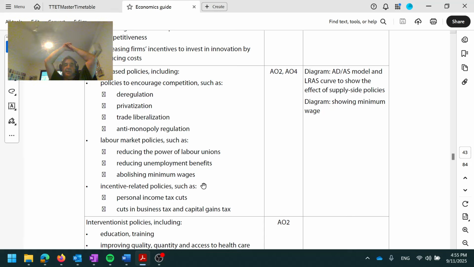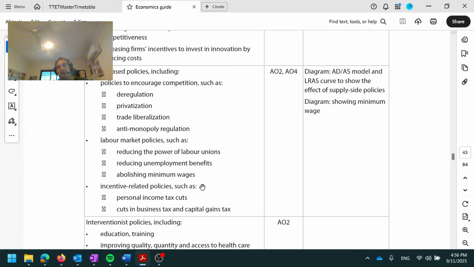Cuts in business tax and capital gains tax, yep, that could work. The argument there is that often businesses use their own funds to finance their investment rather than go to a bank. So if you cut company taxes and capital gains tax, then the business has more profits that they can invest in their business.